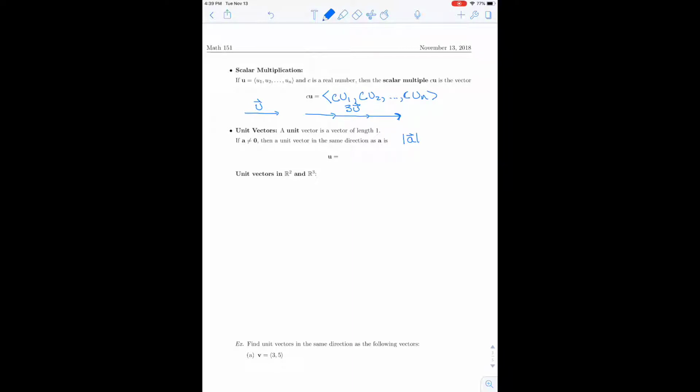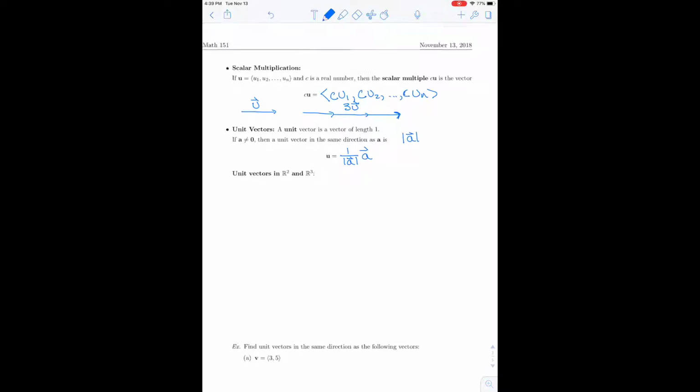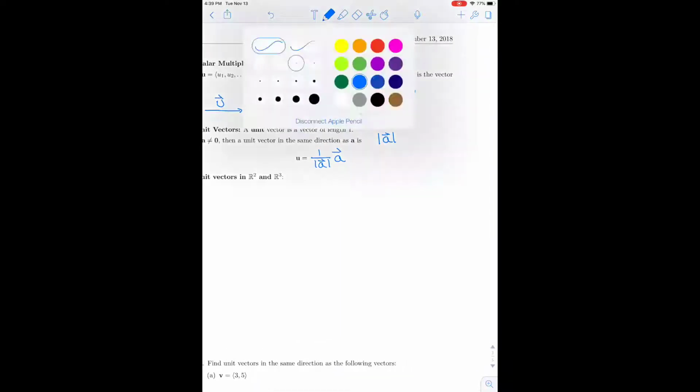The way that we do this is we take the vector a and we multiply it by 1 over the magnitude of a. The resulting new vector will have now length 1. You can see this.